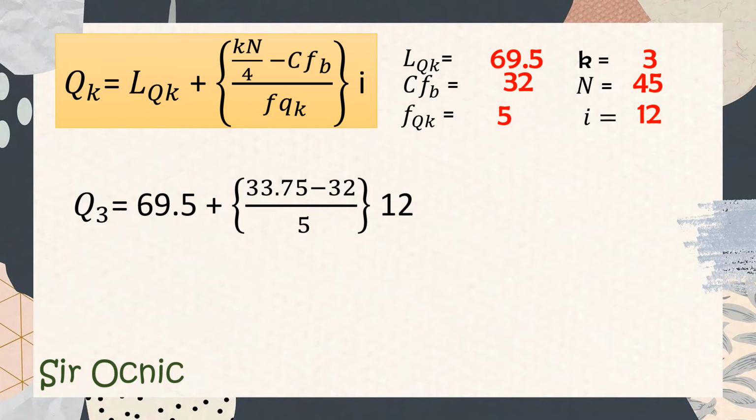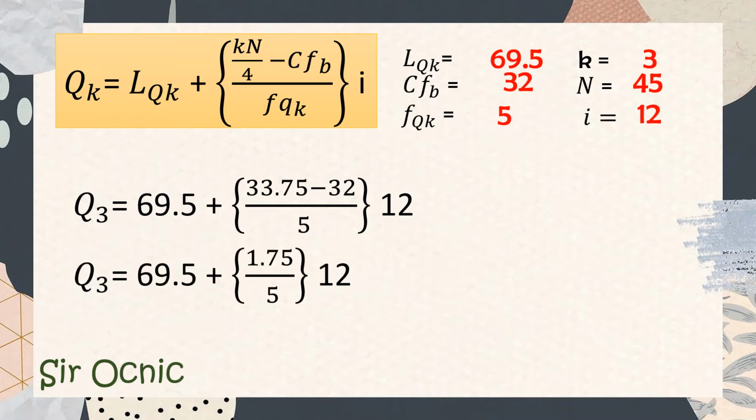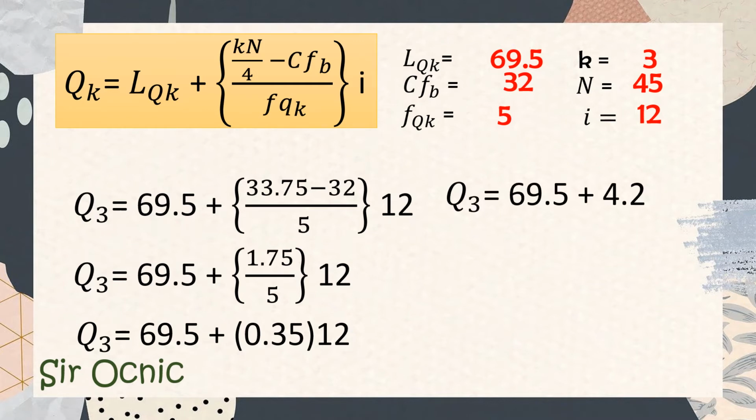Simplifying the numerator, that is equal to 1.75 all over 5, which is equal to 0.35 times 12, which is equal to 4.2, added to 69.5. The result will be 73.7. That means that quartile 3 is at 73.7.